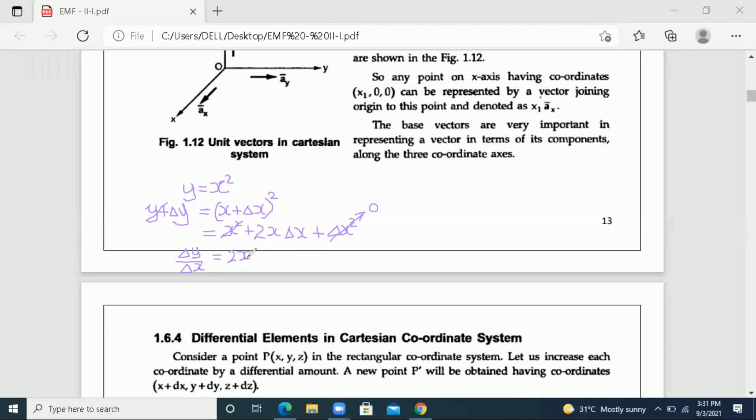So that would be 2x, right? Agreed? Yes, sir.